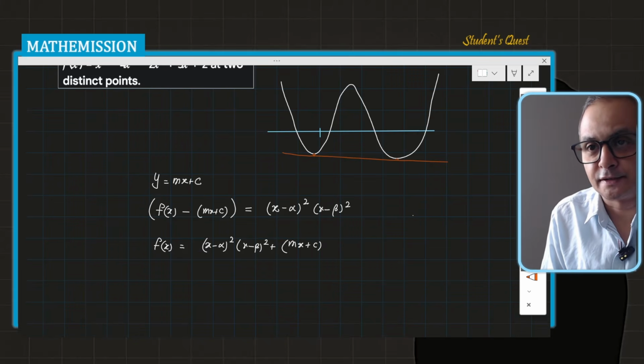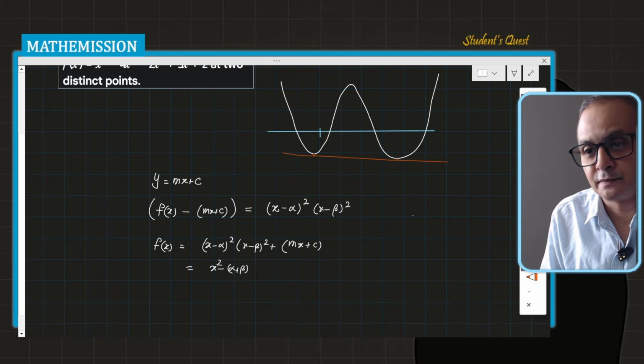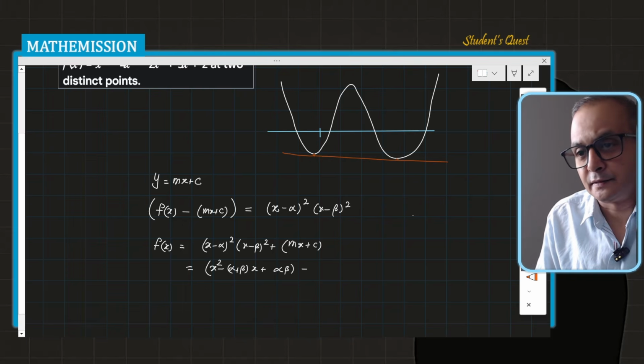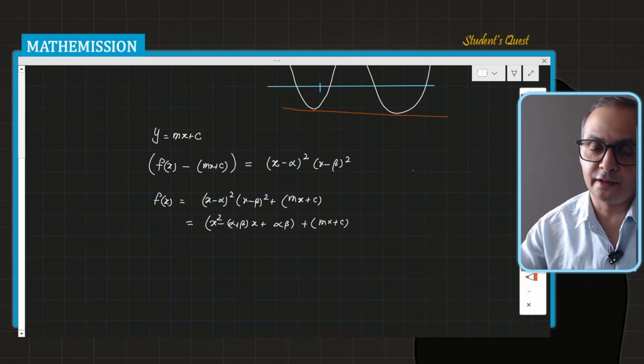So I can write this as (x squared minus (alpha plus beta)x plus alpha beta) squared, and then plus mx plus c. Our aim is to identify m and c so that I can write the line.